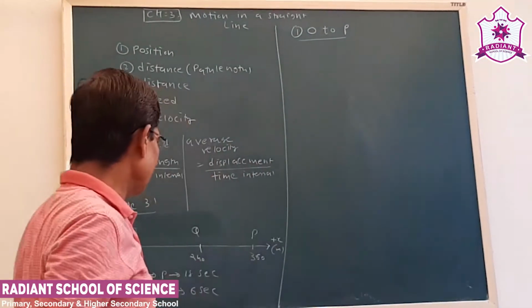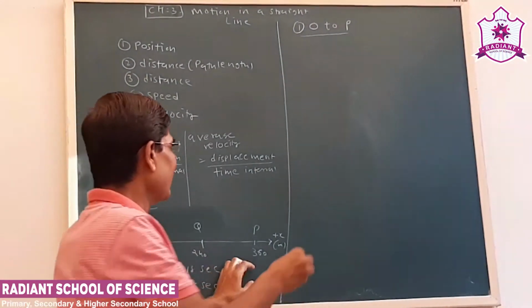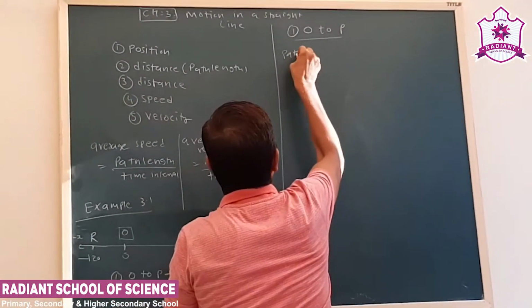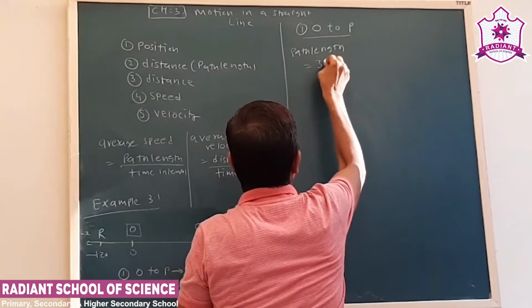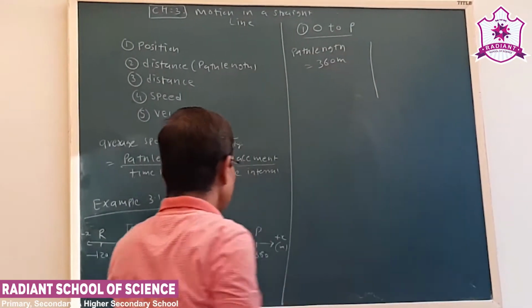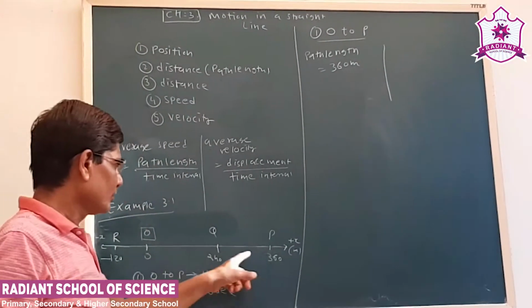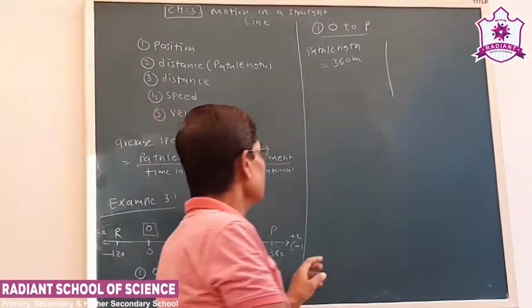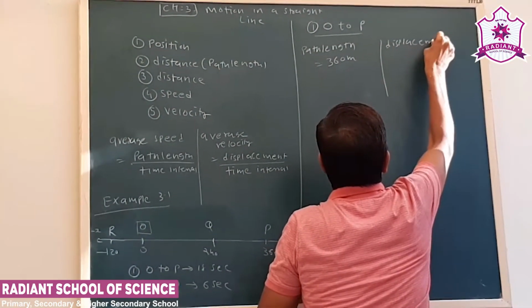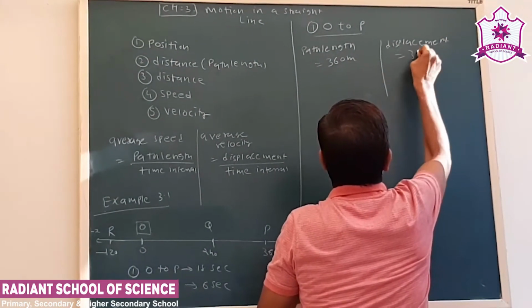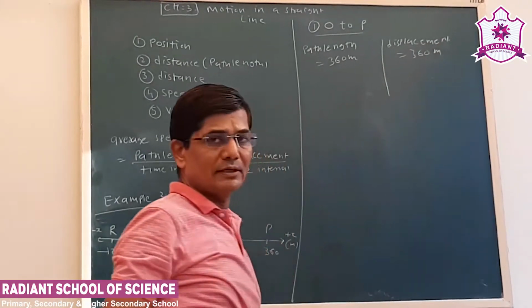Now see here O2P the path length is 360 meter. Now the displacement, it moves in a straight line only, so the displacement also is 360 meter.